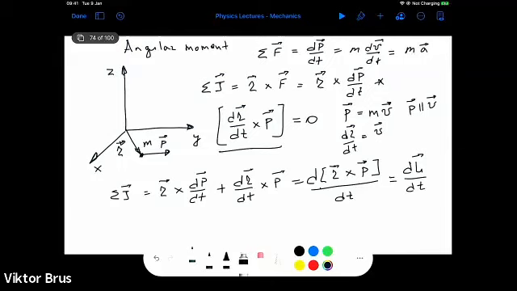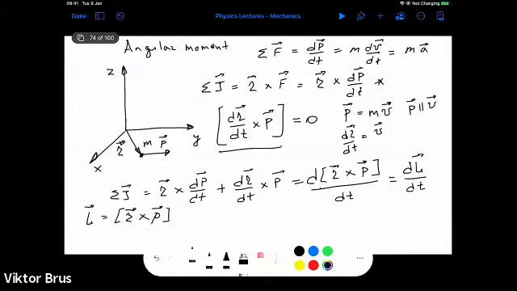In this case, L is our angular momentum, equal to the vector product of radius vector, or position vector, and linear momentum.